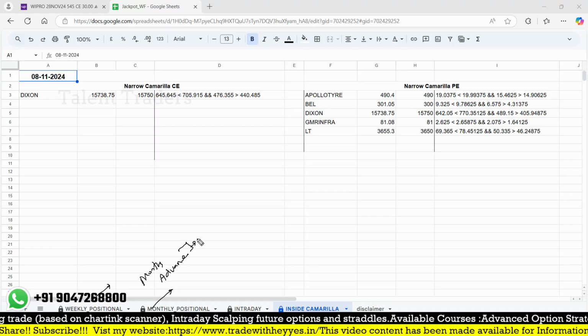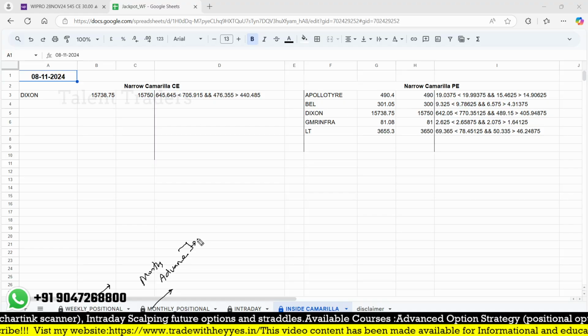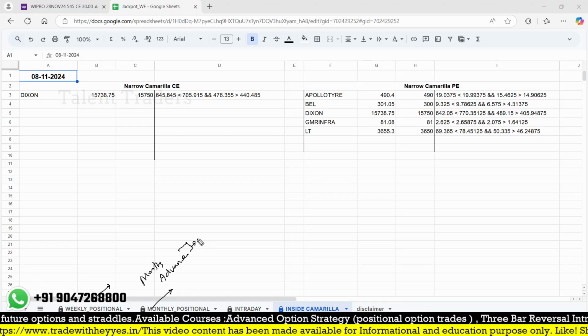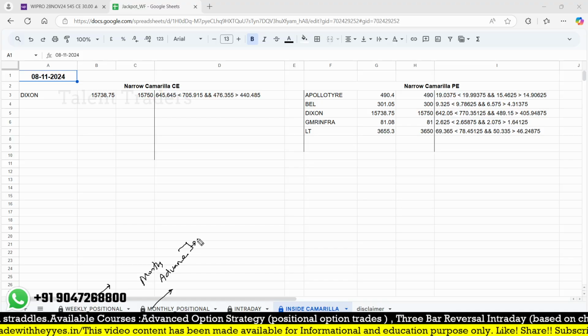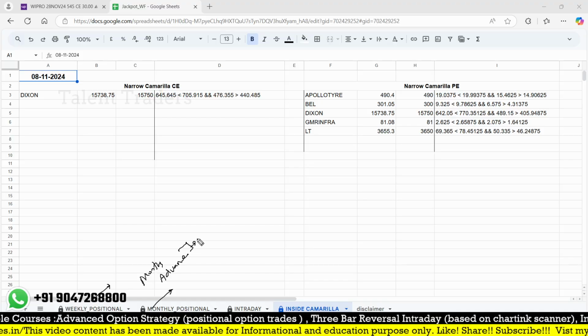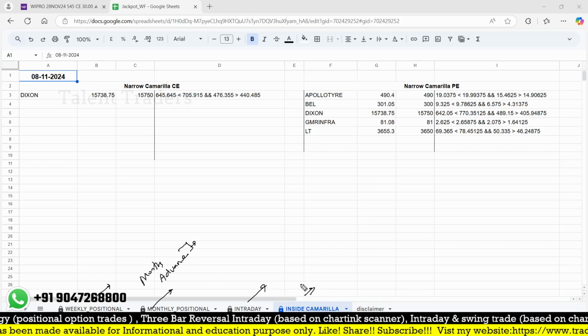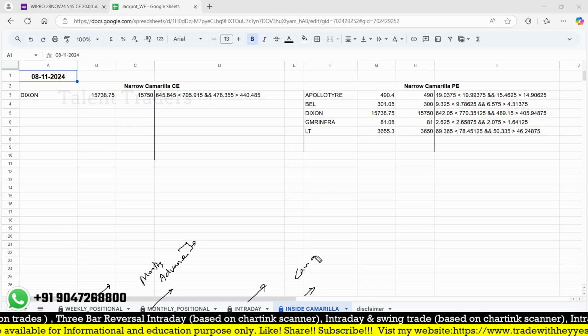With hedging, we can plan a positional trade on a monthly basis. These two, weekly and monthly, work as a trigger for our strategy. And intraday and inside Camarilla both work based on the Camarilla pivot point.